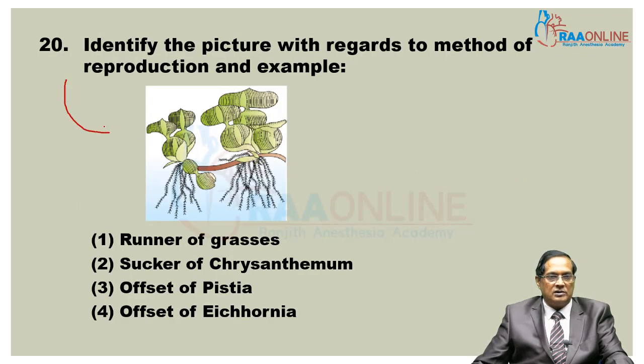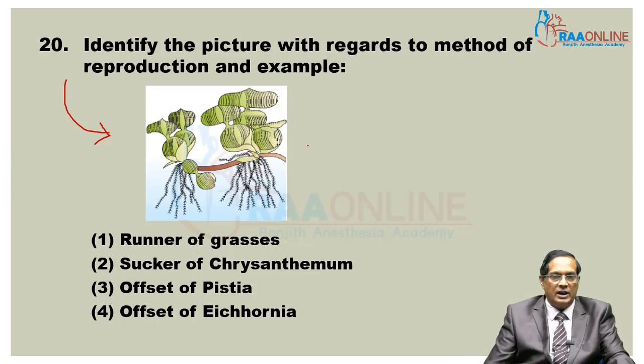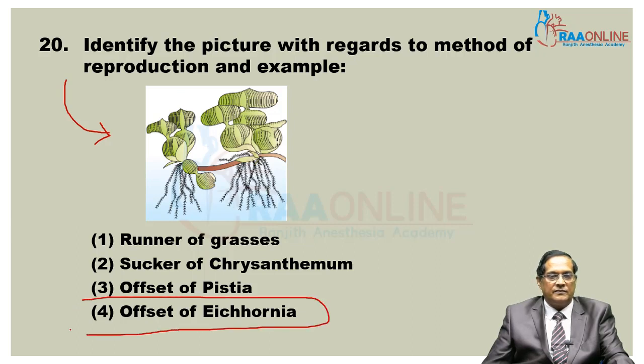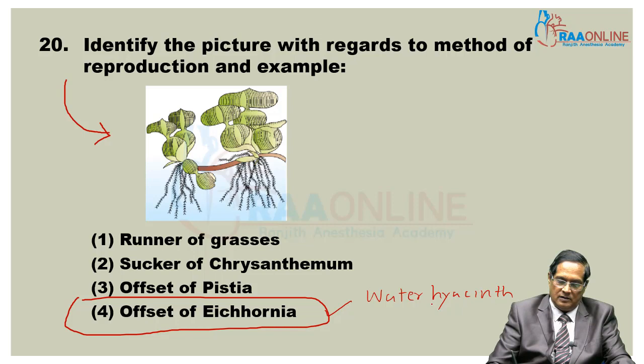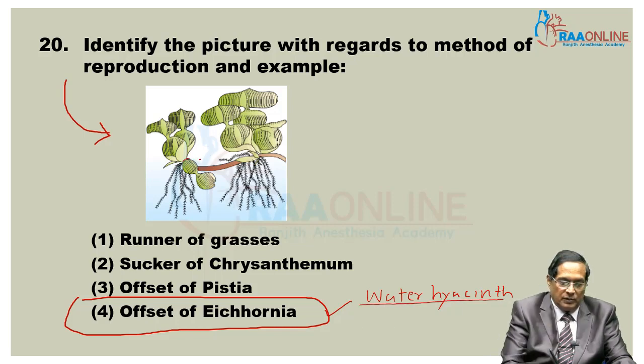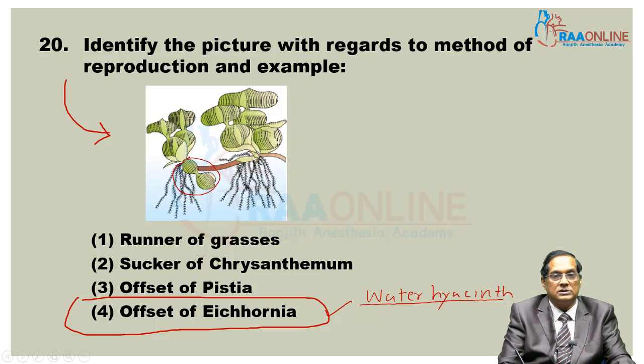This is the structure from the NCERT book. It is an offset of eichhornia, that is water hyacinth, a troublesome water weed. It has spongy roots, and these are the leaves on a node.